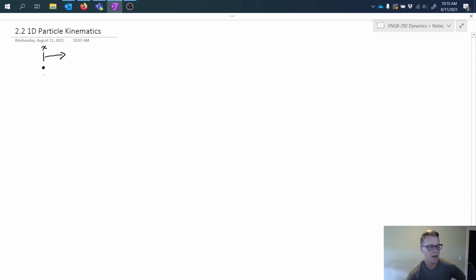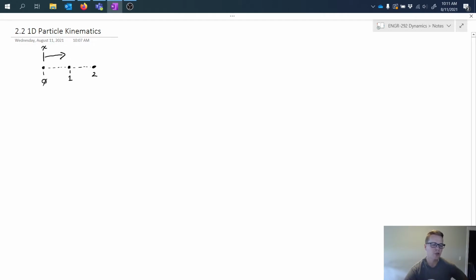So I might define some various points of this particle's motion. Let's call this initial point 0. The particle moves to the right in some amount of time, ends up at a position here, which we'll call 1, moves on, and ends up at another position at a later time, which we'll call position 2.